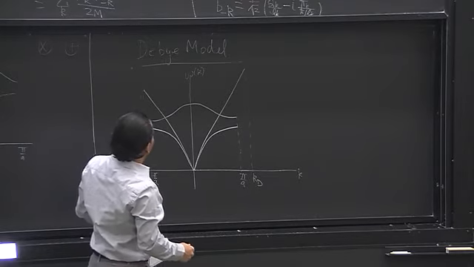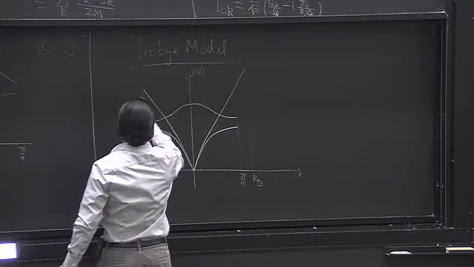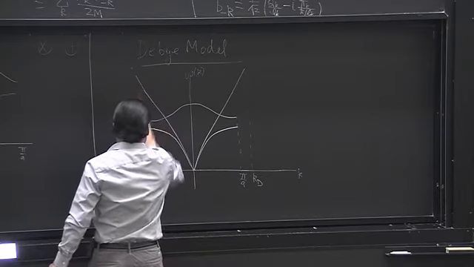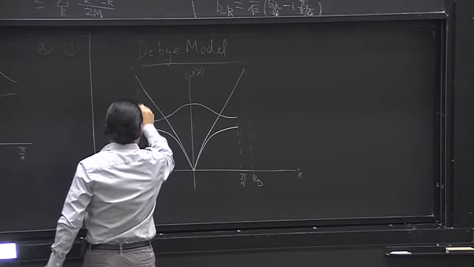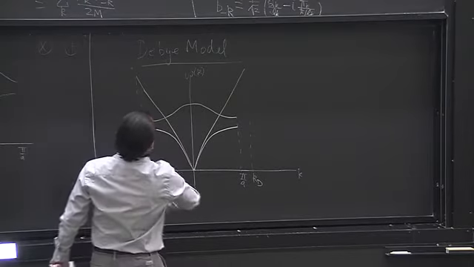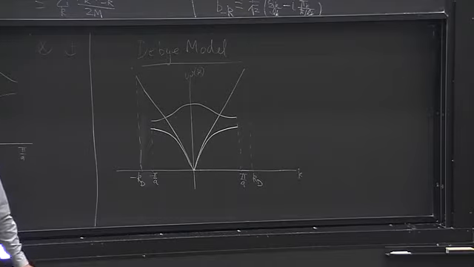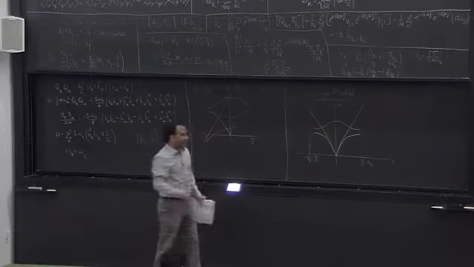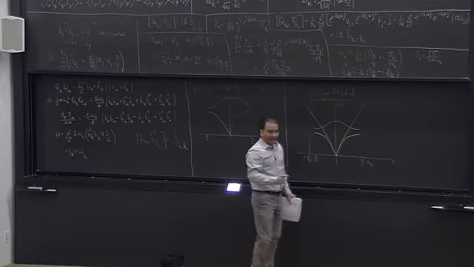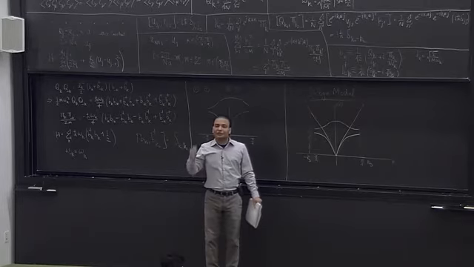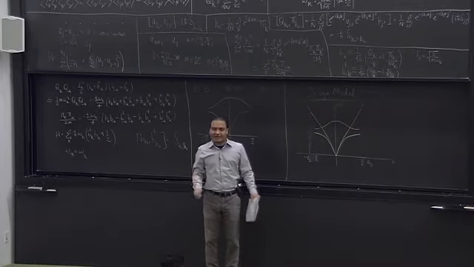But again, this does indeed work out. Actually, this should really go all the way until there. Okay, so this is the approximation. Replace 2 branches, the optical branches and acoustic branches, by 1 branch, which is all linear, and it goes from 0 to the Debye momentum kD.